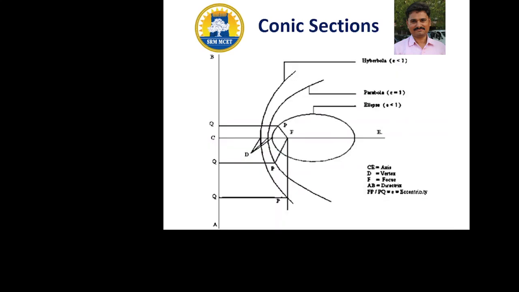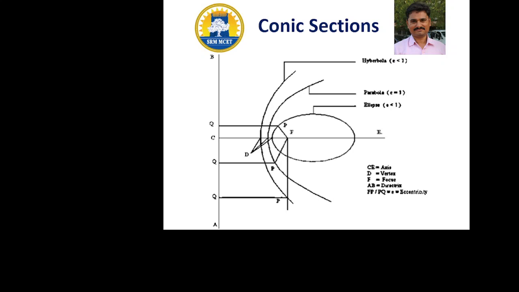So point F is called the focus point, point D is called the vertex point, and line AB is the directrix. For an ellipse, the distance between F and D is minimal when compared to the distance between C and D. Hence its ratio is less than 1. For a parabola, the distance between the focal and vertex point is equal to the distance between the directrix and vertex point, that is FD equal to CD.